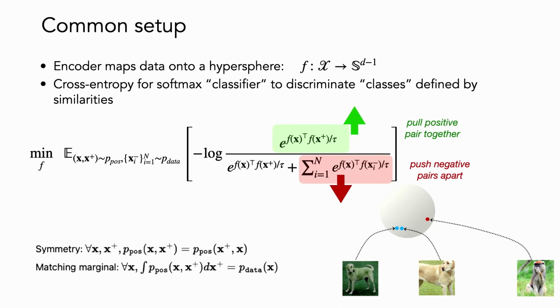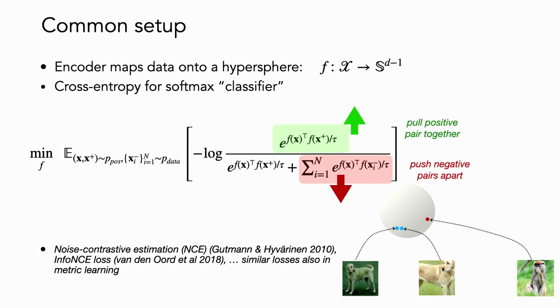And we also want to match the marginal. What we mean here is for the distribution over all those positive pairs, we assume if we marginalized over one of those partners, we would end up with the data distribution. So it's the starting point distribution over the data. And a really common one is the noise contrastive estimation, InfoNCE loss. There are a lot of similar losses in metric learning that introduce these types of ideas.